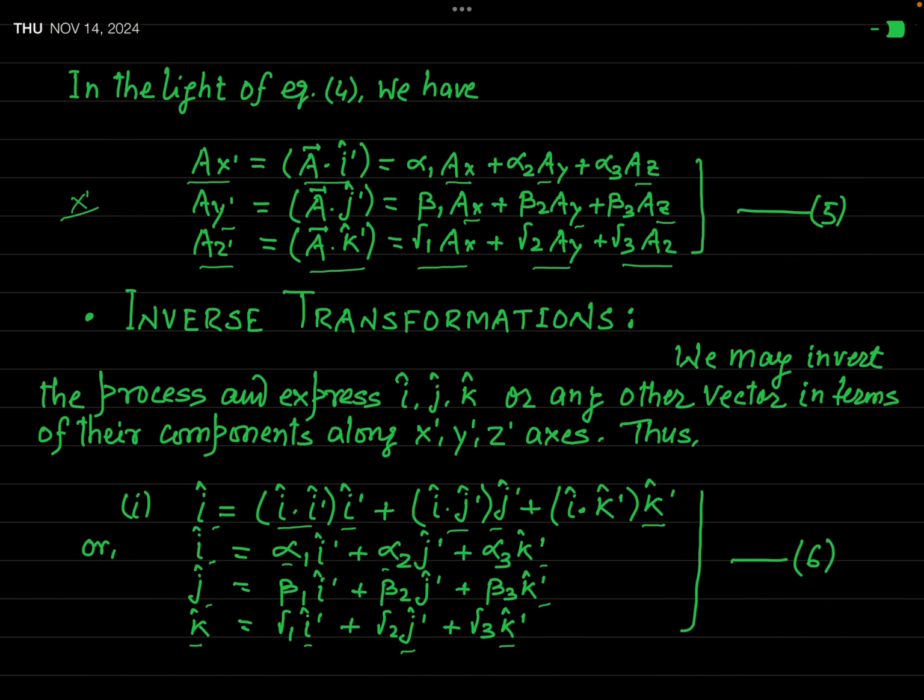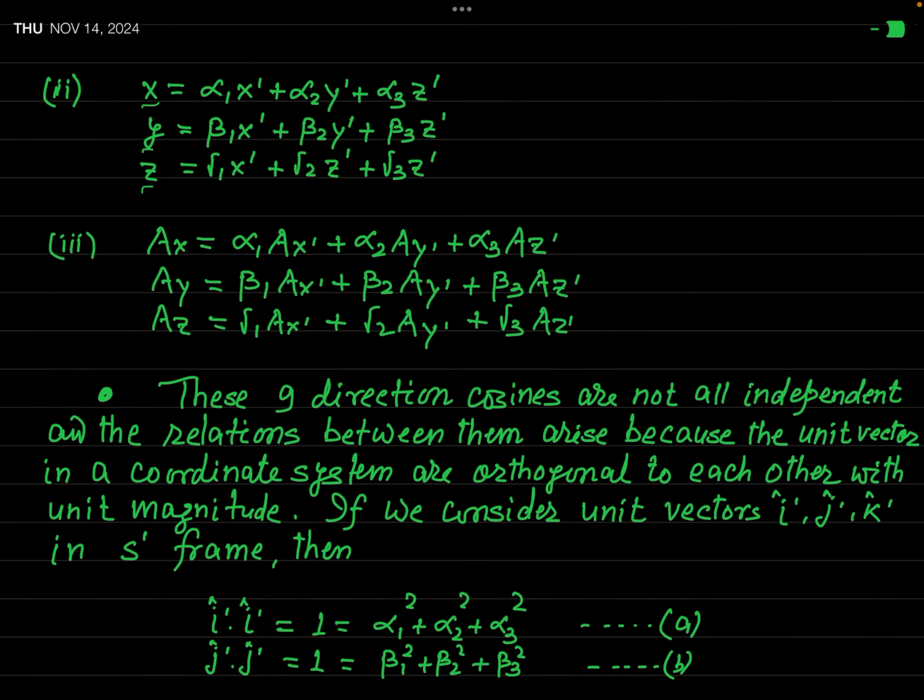Only you have to invert. So you can see I have written here X is equal to alpha 1 X prime. Here there was X and X has been replaced by X prime. Here in LHS there was X prime which is replaced by X. And the second term will be alpha 2 Y prime plus alpha 3 Z prime. And in a similar manner you can express the result for Y and Z too.